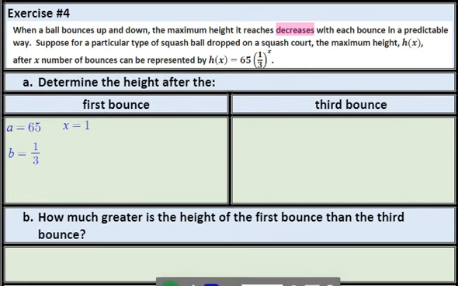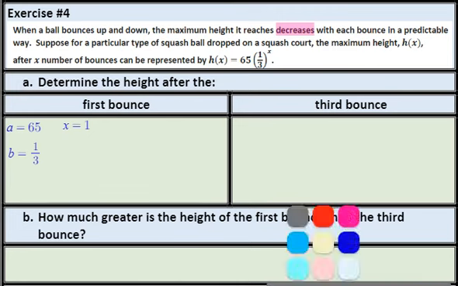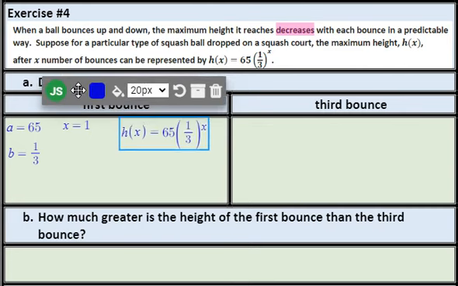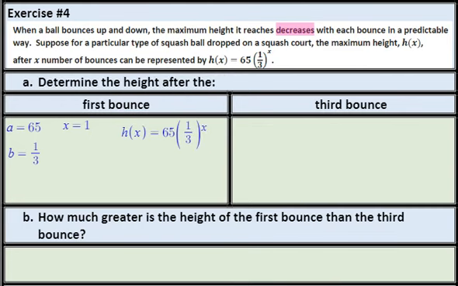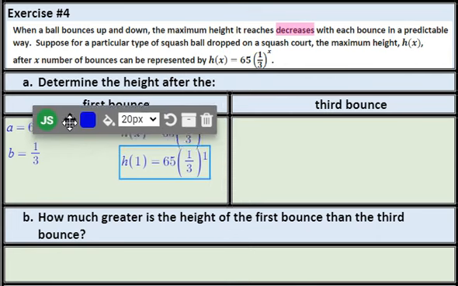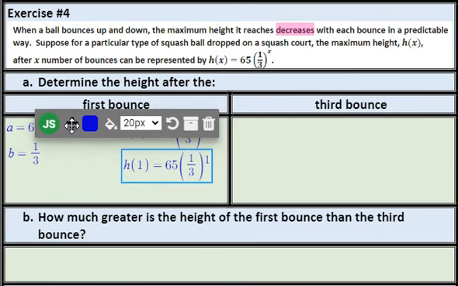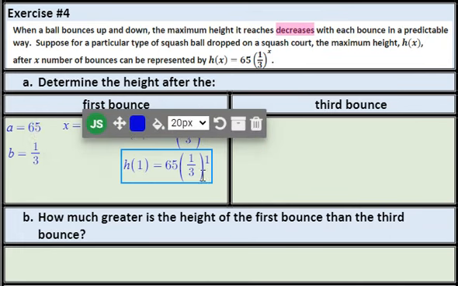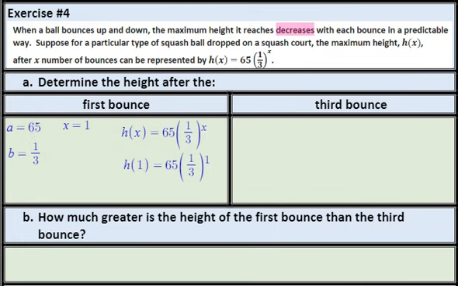So we take our function, h of x equals 65 times 1/3 to the x. And what we want to do is everywhere that we see an x, we want to replace it with 1. So we plug in our 1, and we're really saying 65 times 1/3. And 65 times 1 is 65.